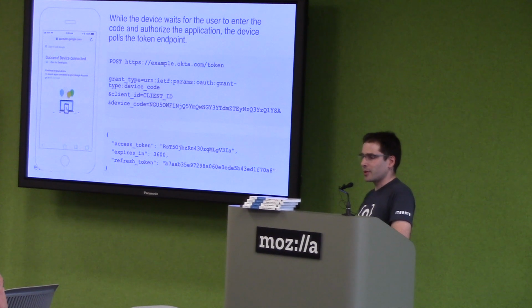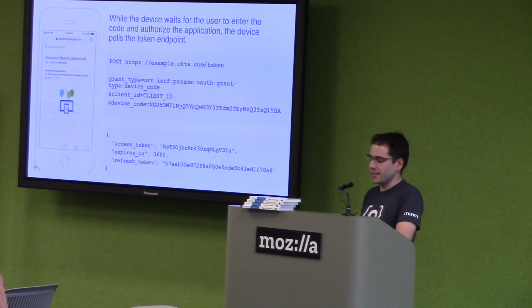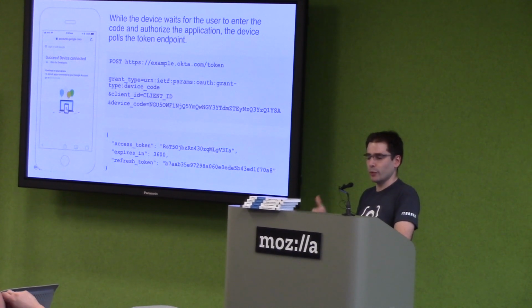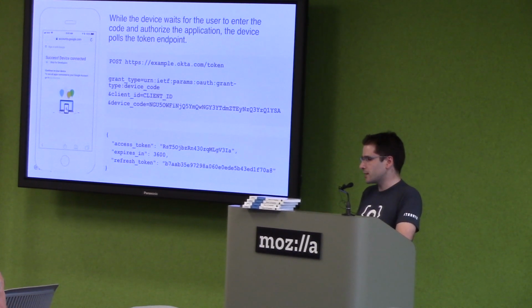So there are a couple of people working on extensions to this, or alternate flows, to make that more seamless, essentially using a separate channel to send that URL and the user code to the phone.